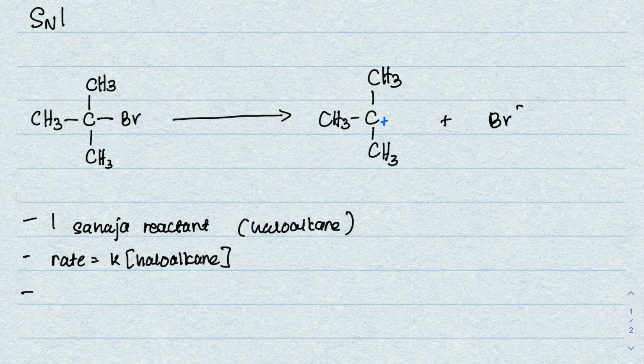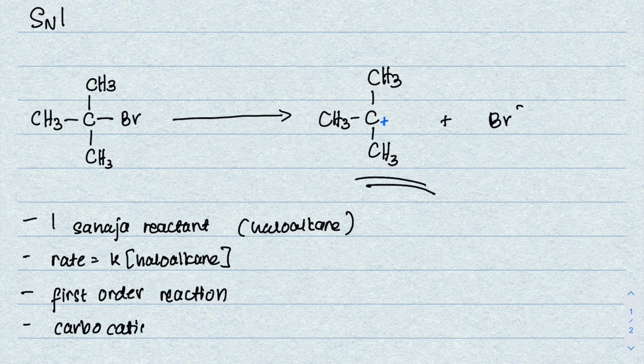What else about SN1? Dia adalah first order reaction. All SN1 is a first order reaction. Dia punya intermediate adalah carbocation. Carbocation as intermediate.